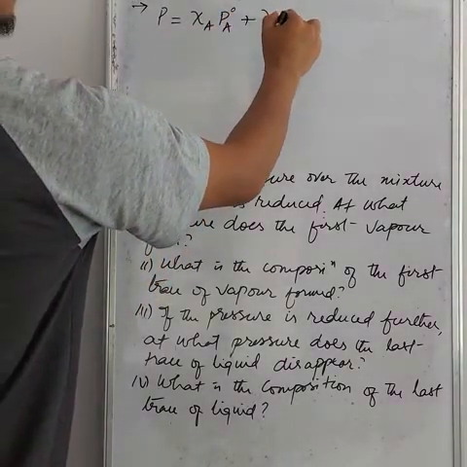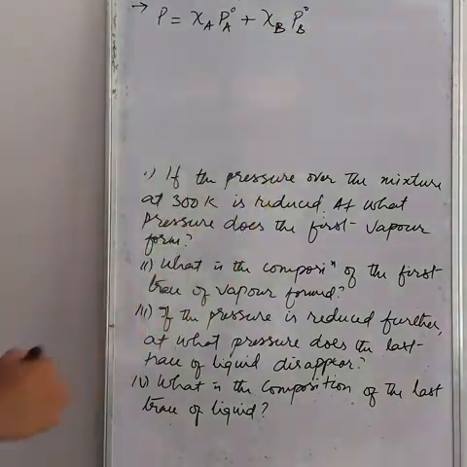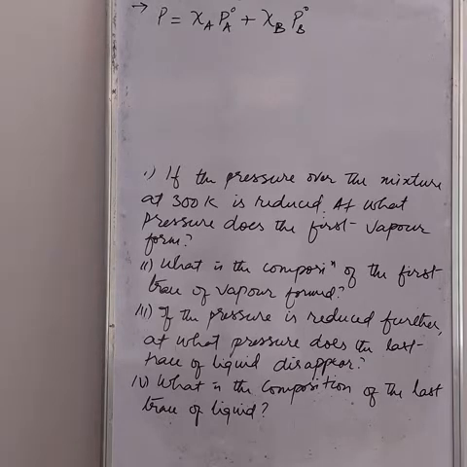So there are two components, so we'll add the two components, the sum. And then we know that the moles of toluene is given to be 3 moles, and moles of benzene is given as 2.